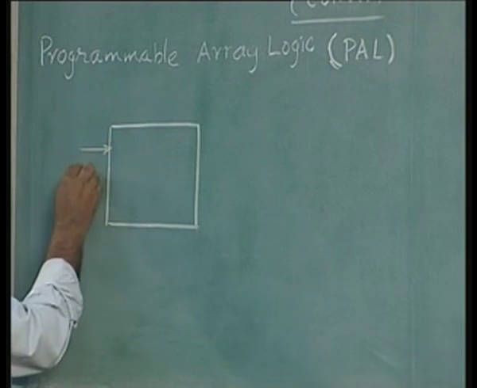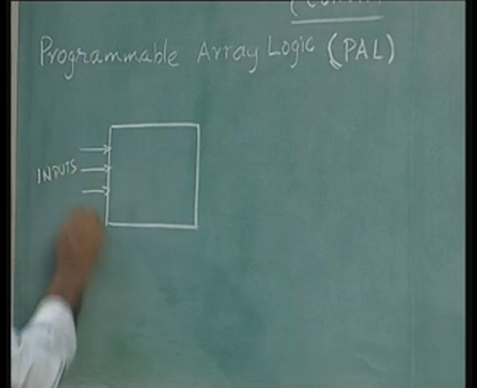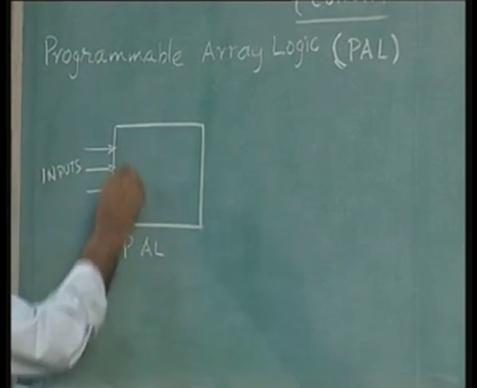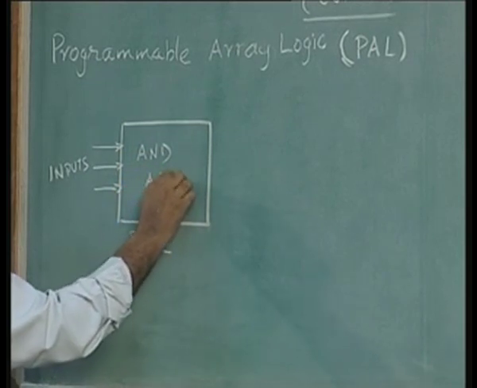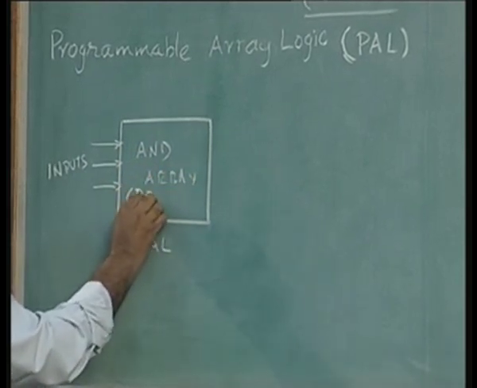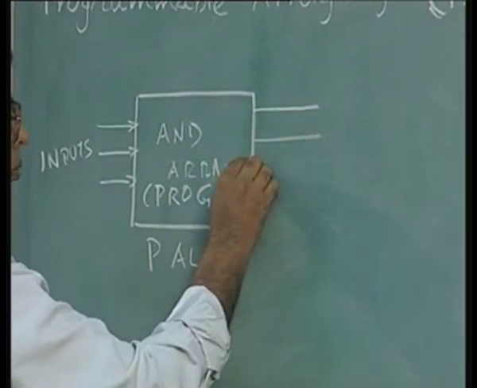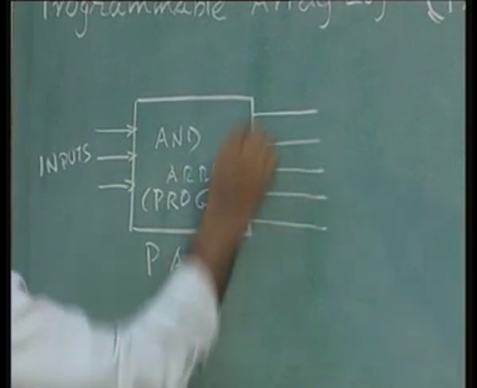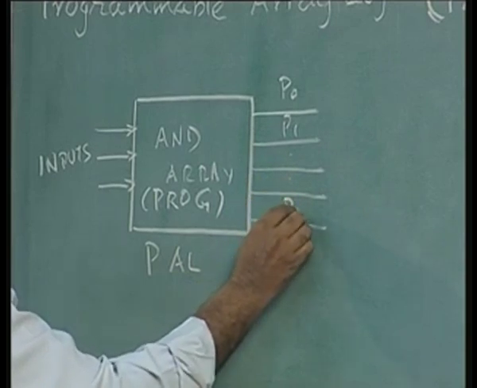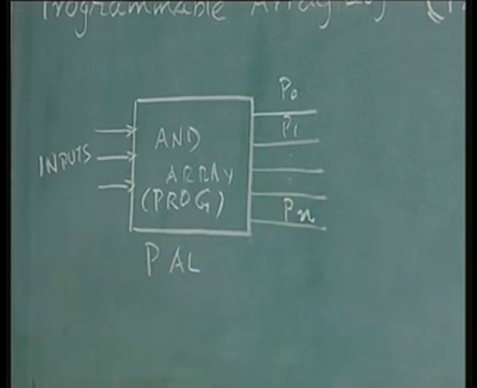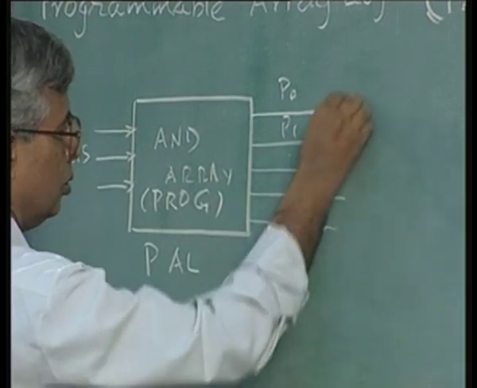We have the inputs, generate an AND array as we did earlier by programming, to get some product terms, P n maybe, and put them in an OR array.